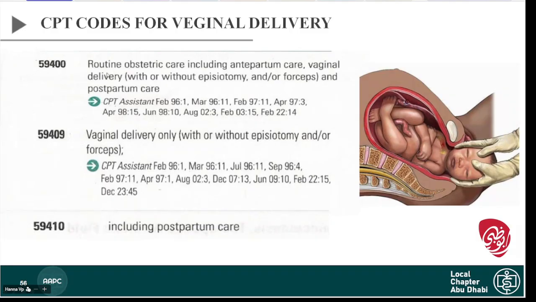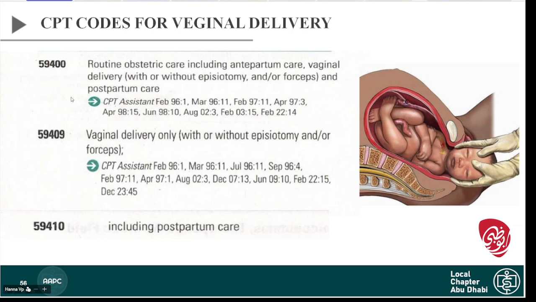59400. This is the first vaginal delivery code, and this package includes antepartum care and also postpartum care. So guys, if one doctor is providing the antepartum care, vaginal delivery and postpartum care, you can consider the code 59400. The three phases, the three cares given by one doctor, the service code you can consider as 59400.